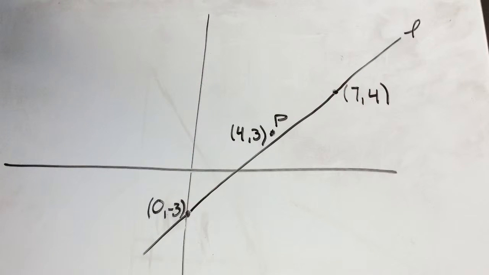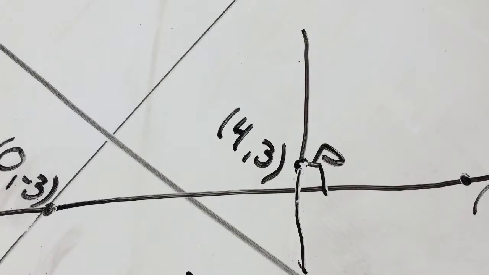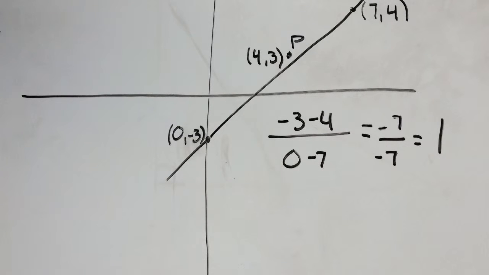Now we are going to find the distance between line L and point P. In order to do that, we need to find the equation of the line L and the equation of the perpendicular line that crosses point P and line L. First, we need to find the slope of line L, which is -3 minus 4 over 0 minus 7, which equals -7 over -7, which equals 1.